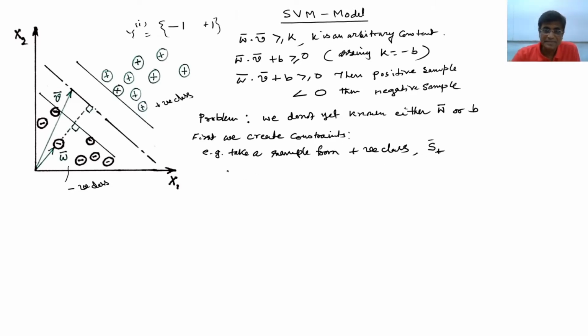In support vector, everything is a vector, right? So W is also a vector. So now V was arbitrary. Now in terms of sample, this is a positive sample, W dot S plus B. This is called the decision rule.